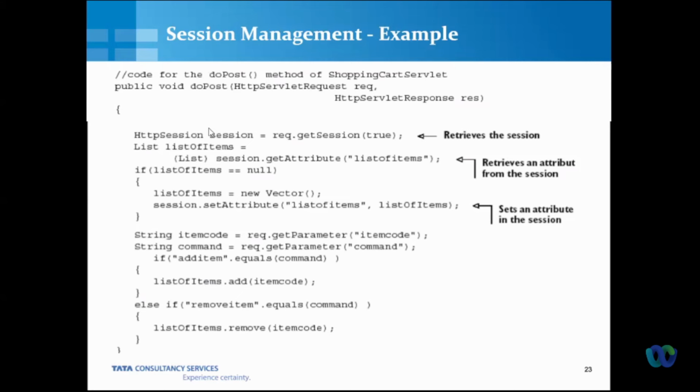And likewise item code and command. So we are getting the item code and command, and we are saying if add item equals command, then add it into the list of items. Else if, remove the item code. Clear?